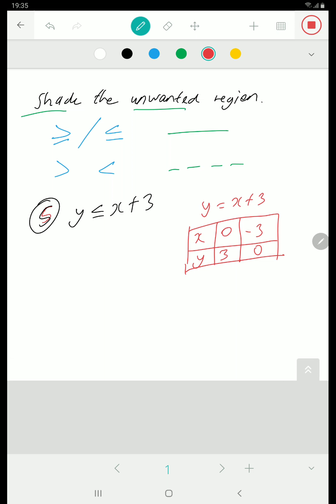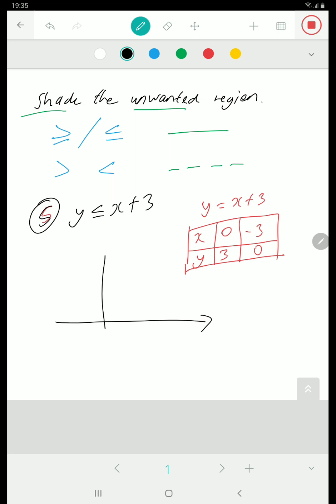Alright. Then I draw the axis. Same thing, I label it x-axis, y-axis. Then the first point, 0, 3. If you're confused, you write here 0, 3. Then this one will be negative 3, 0. So 0, 3. Where will 0, 3 be?